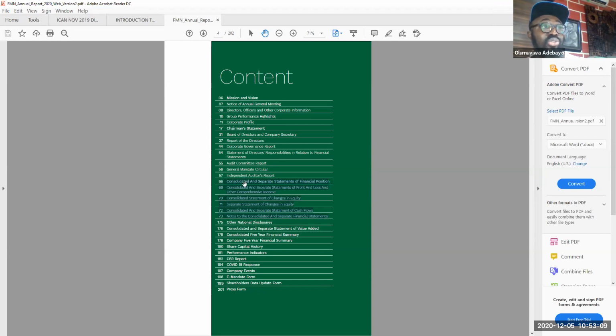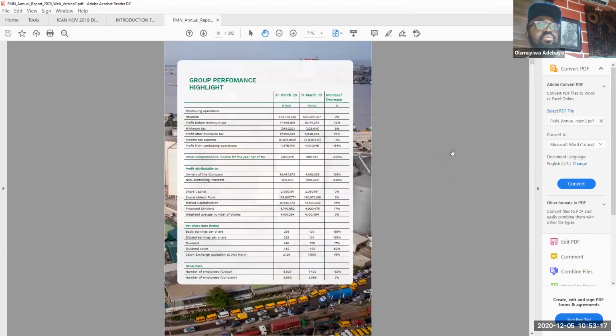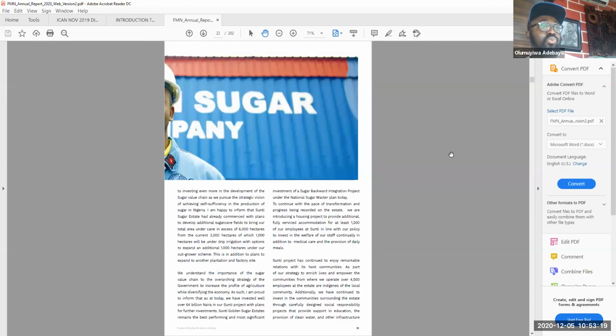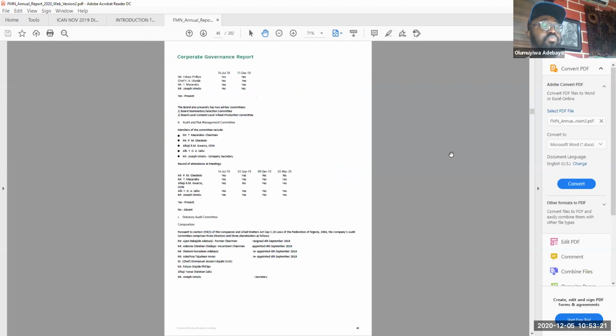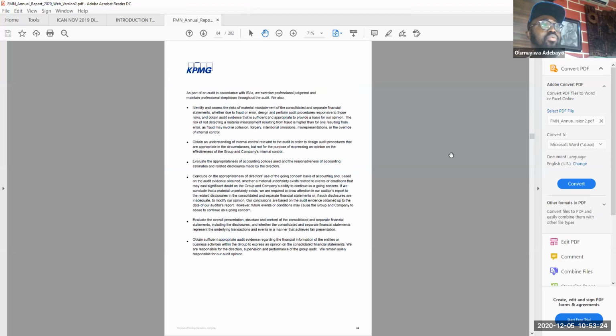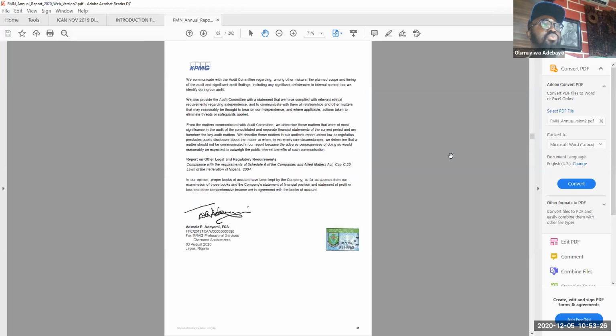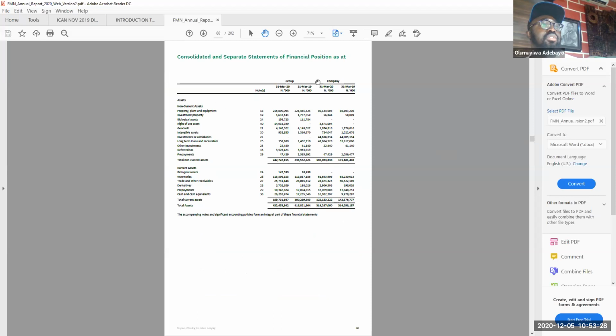Okay, now let's go to this section. Now, you can see consolidated, and they put separate. Separate means that they are not only showing consolidated, they are also showing for the parent company, which is separate.